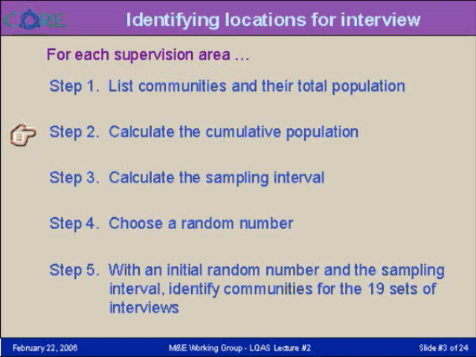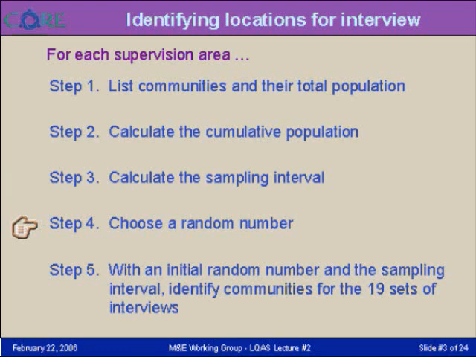Second, with the population size for each community, we would calculate the cumulative population for the supervision areas. Third, we will calculate a sampling interval that will help us to identify locations of the interviews.